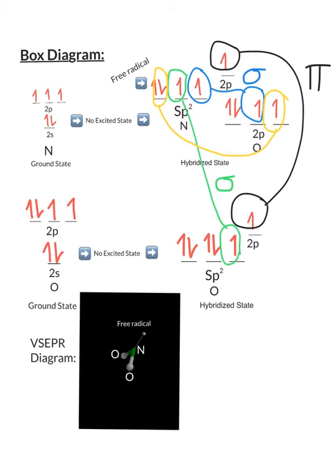So basically I already drew the box diagram. I included everything, the ground state, the excited state, and the hybridized state for nitrogen and oxygen, but we can see that both nitrogen and oxygen do not get excited, so they do not have an excited state. So they both just go straight to hybridization, and the hybridization was sp2.